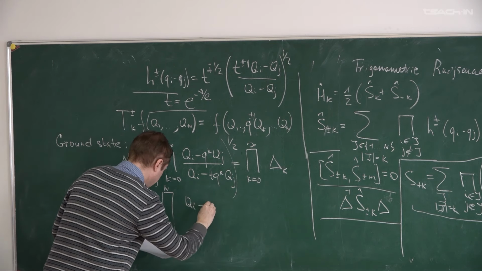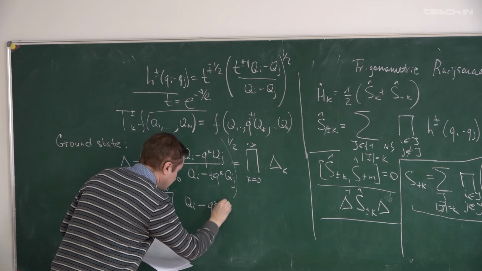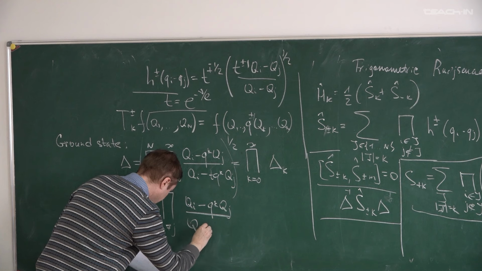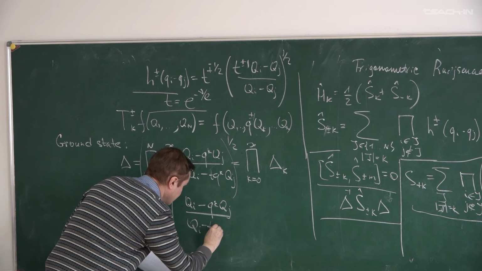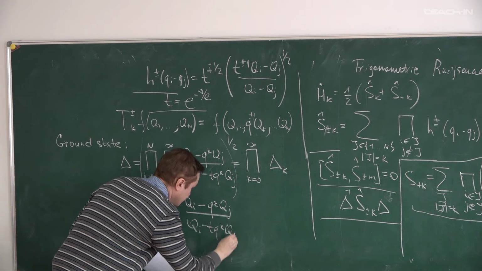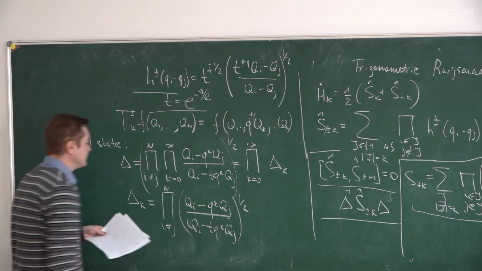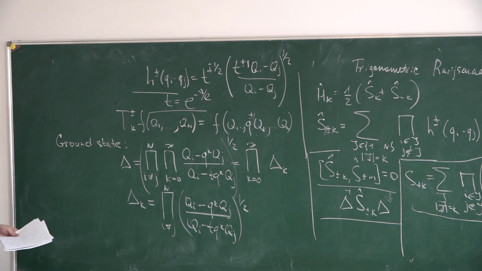And this is qi minus q_k q_j divided by qi minus t q_k q_j. This is it.